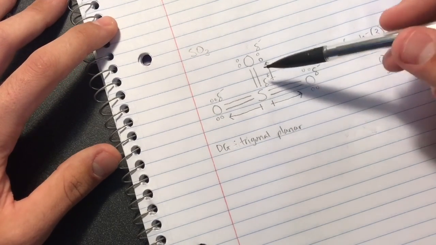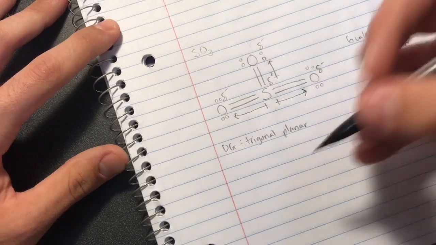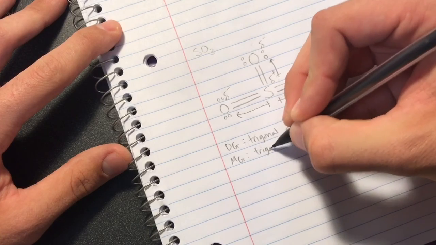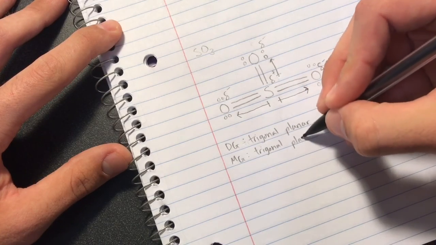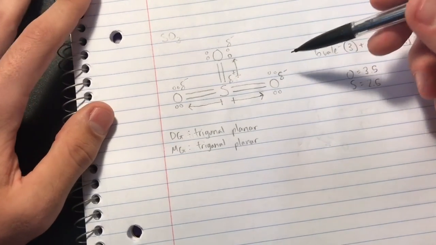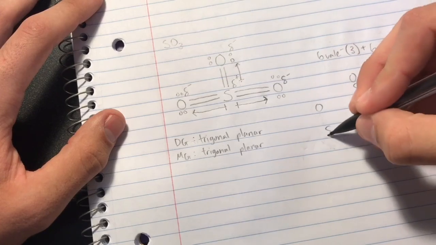And because none of these domains are electron pairs, the molecular geometry is also going to be trigonal planar. So if you actually draw the molecule out, it should look something like this.